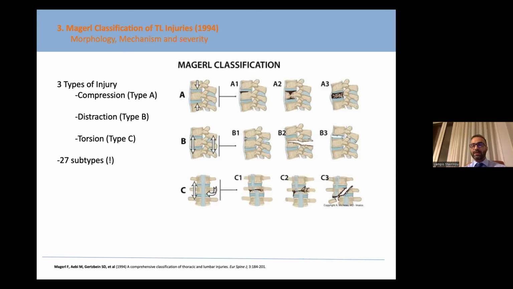Again, B1 if there's only ligamentous disruption, B2 intraosseous, and B3 a rupture of the disc itself. And then we have the torsion fracture, which are basically the type D fracture of the Dennis classification, with disruption of the sagittal or coronal plane of the spine.